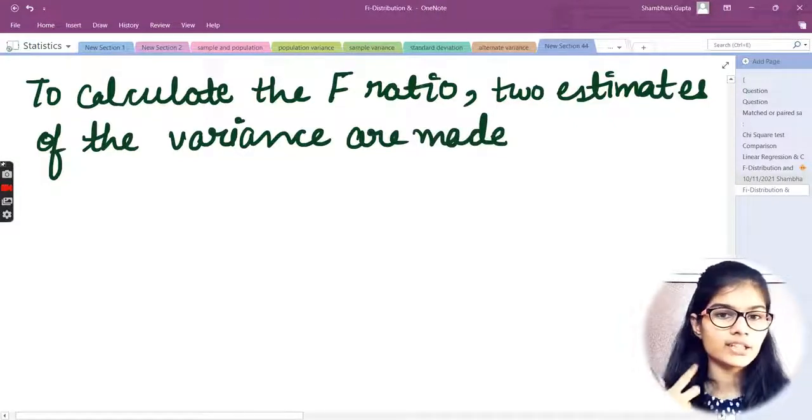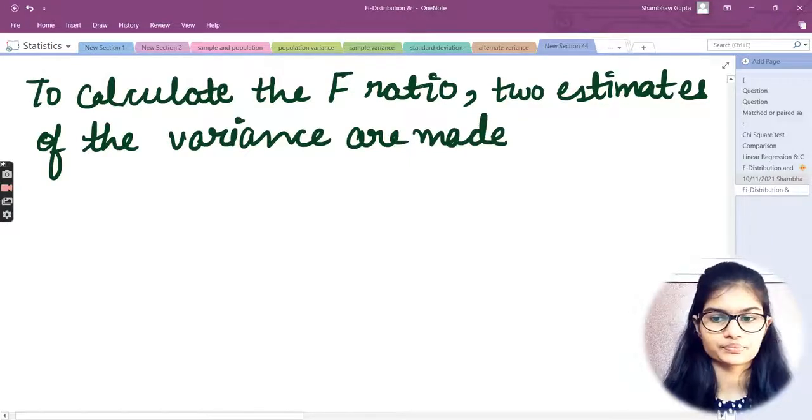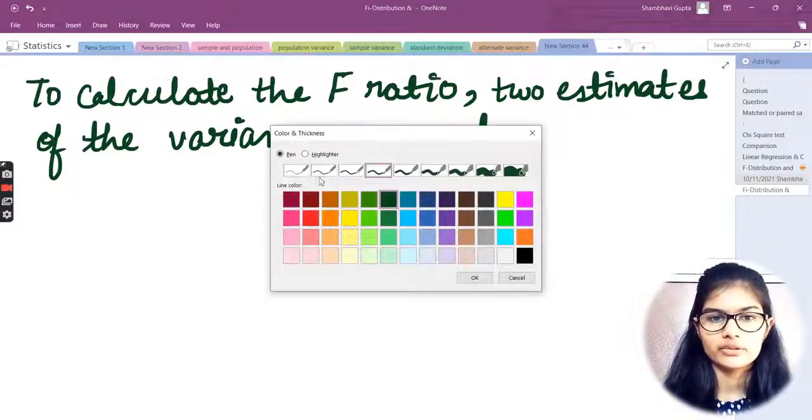Okay. So to calculate the F ratio, two estimates of the variances are made. Fine.